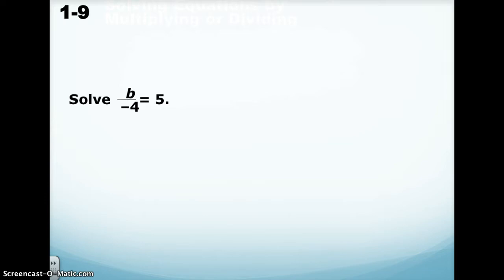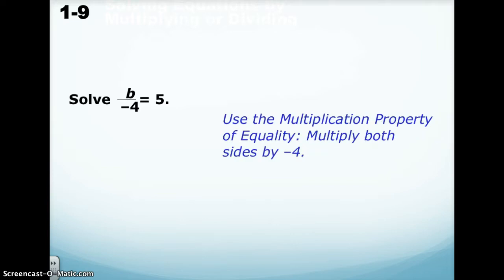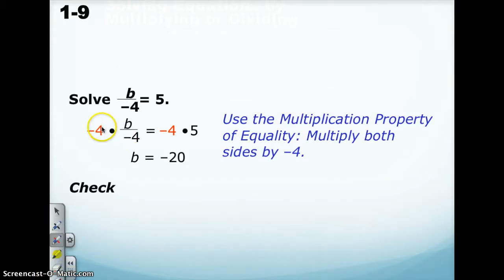Let's show how we can solve this. Because we're dealing with dividing, the opposite of dividing is multiplying. So we multiply both sides by -4. What happens to those -4s is they cancel out, because this is like saying -4 over 1 times b divided by -4.